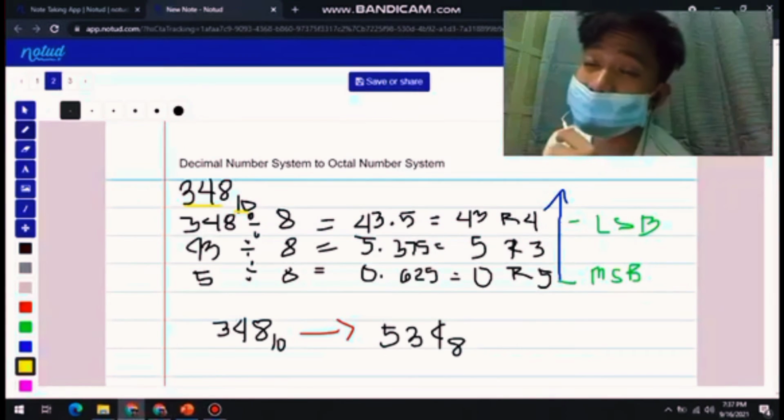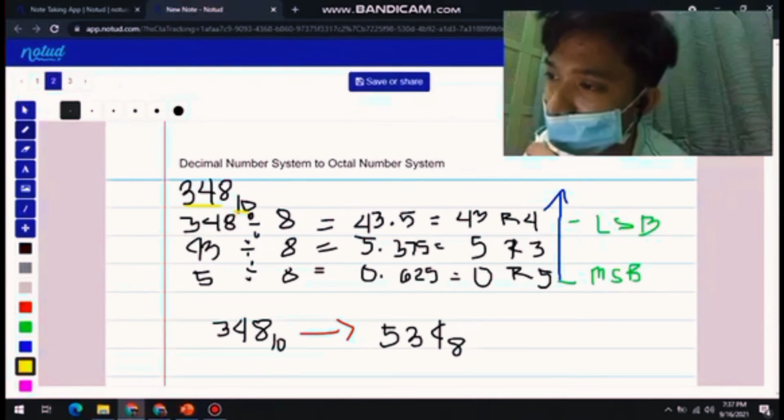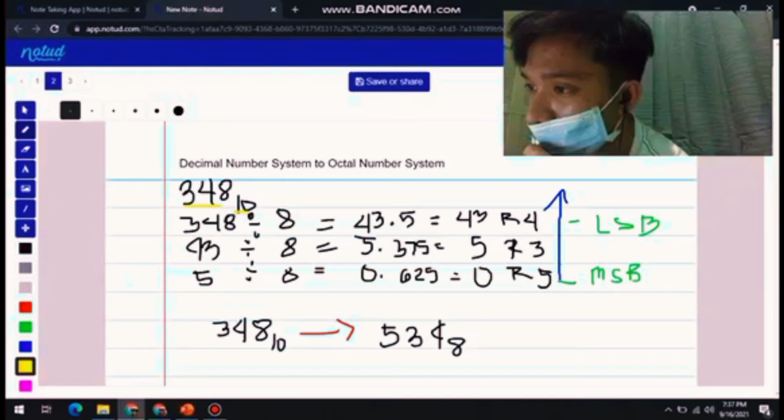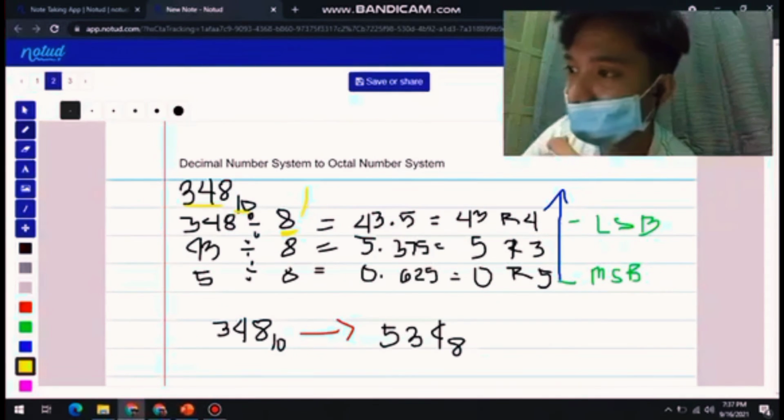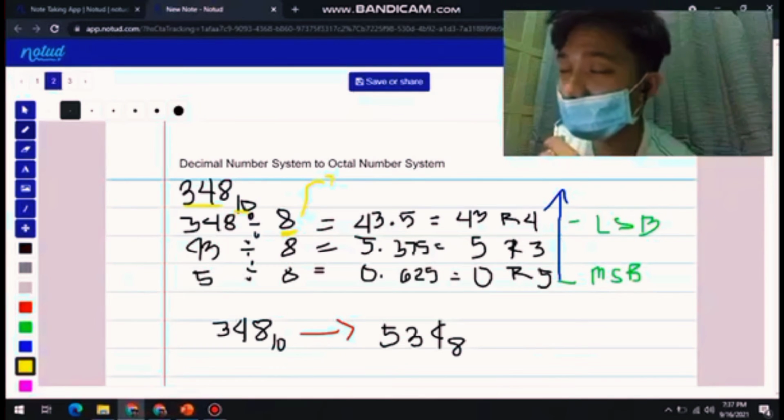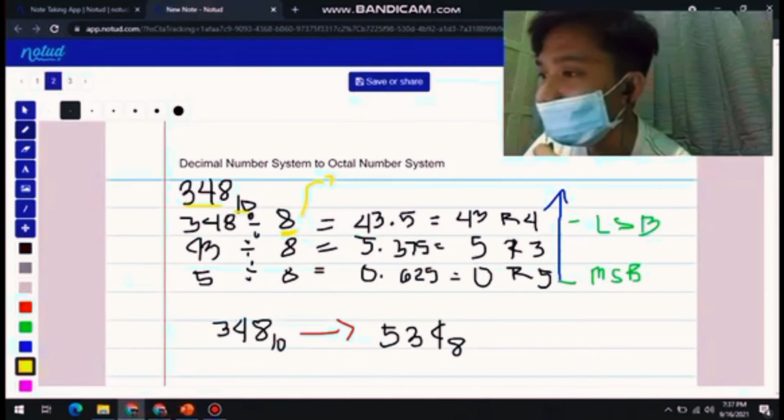We will still use the successive division method to convert this. So 348 divided by 8. I get this 8 from the octal number system because it has a base of 8. So now we will have the number 43.5.